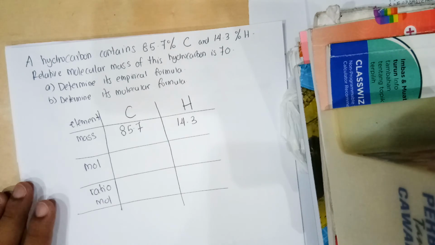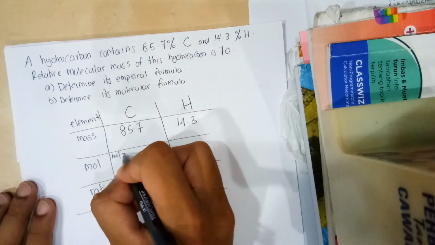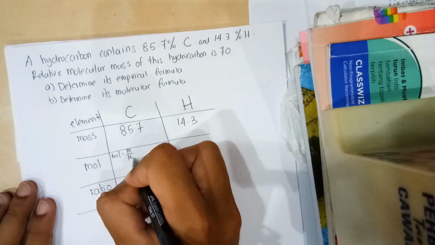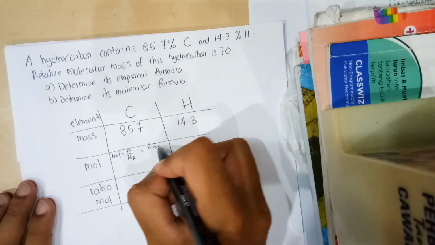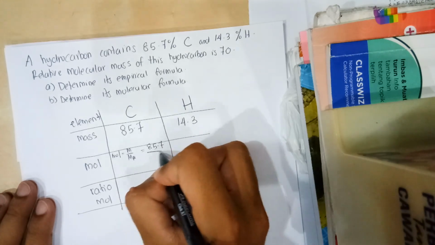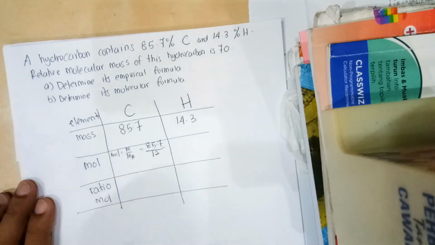Next you need to find the mole. Remember which formula you should use. The information you have is mass, so the formula is mole equals mass over molar mass. Your mass is 85.7, and your molar mass is 12 based on the periodic table.